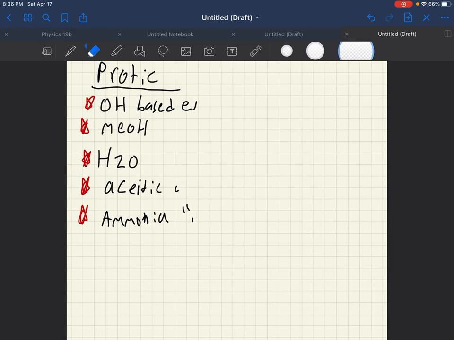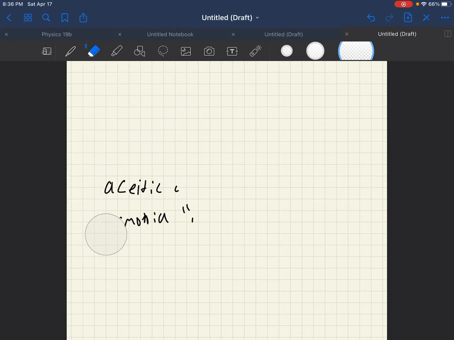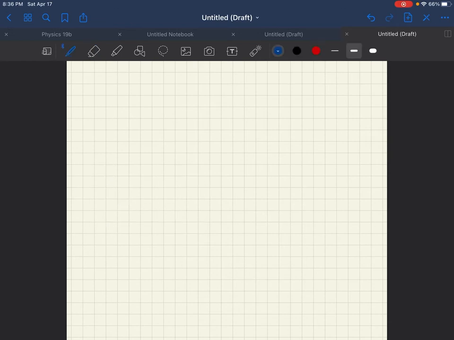Now that we have those under our belt, let's take a look at leaving group ability. This is a very important thing to understand for organic chemistry and organic chemistry classes in the future.